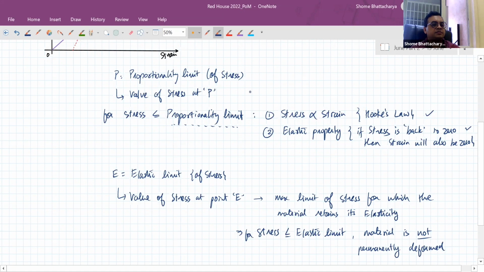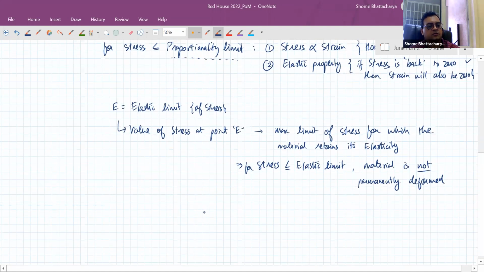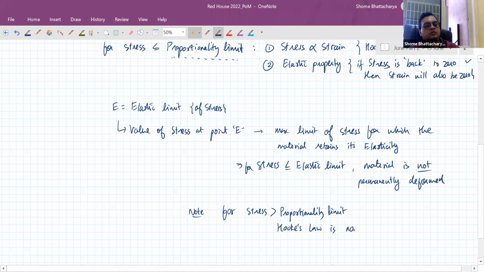But at the same time, you have to understand one more thing, that for stress greater than the proportionality limit, Hooke's law is not obeyed.